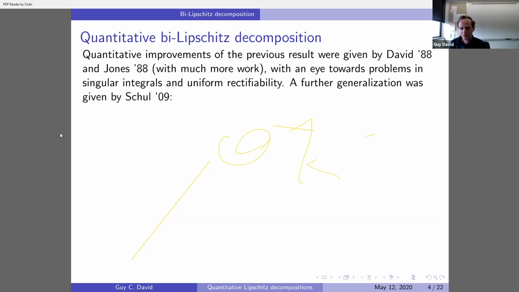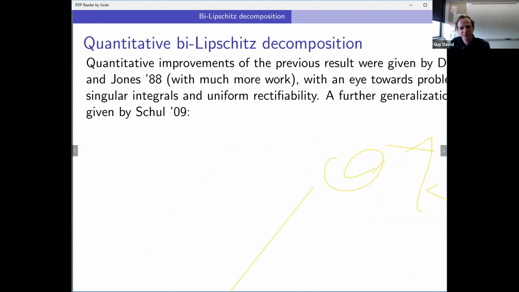And oops, I'm having some problems with my pen here. Let me try to exit out for a second, reshare this, reopen this. Sorry about that.